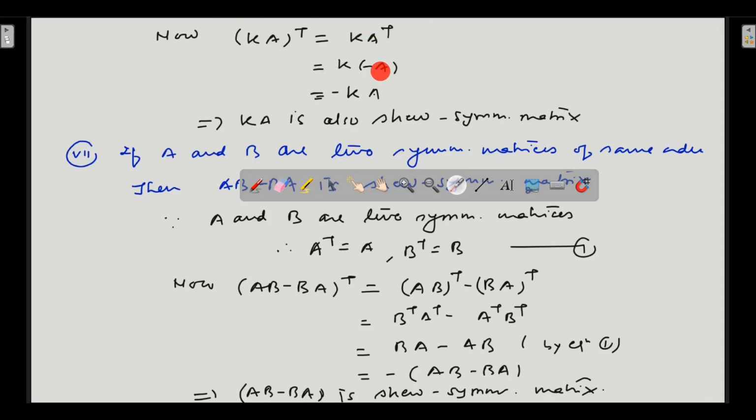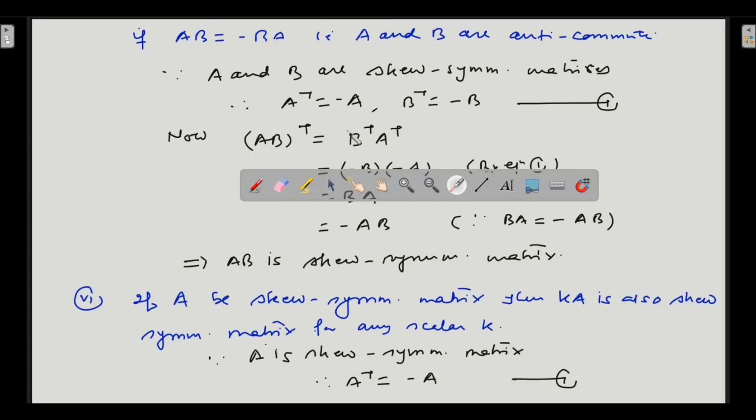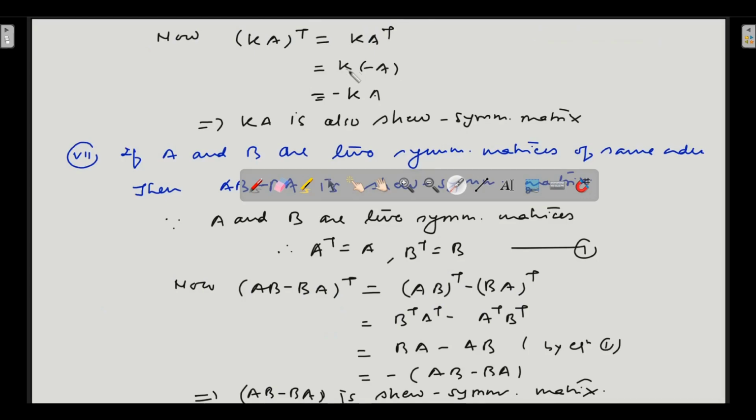Now A transpose is equal to minus A by definition of skew symmetric matrices. So this A transpose can be replaced by minus A over here, and this minus sign can be written in the front. So (kA) transpose is equal to minus kA.